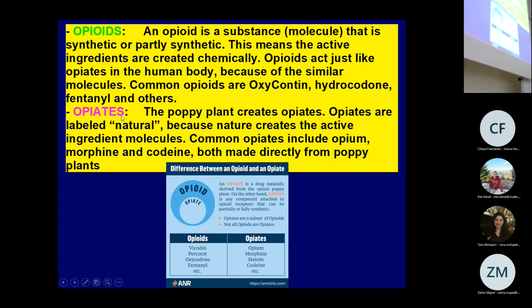Opiates means natural derivatives from the poppy plant, Papaver somniferum.